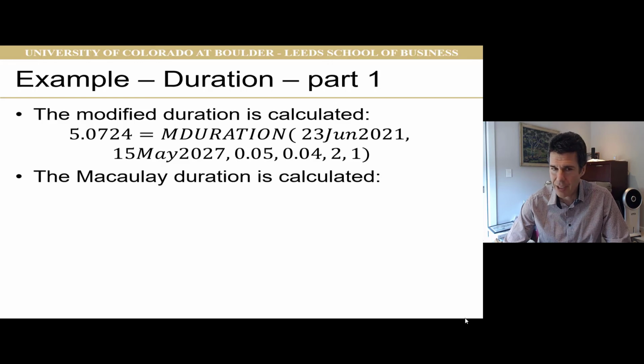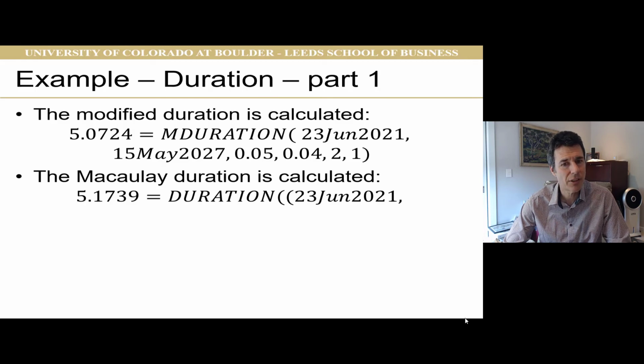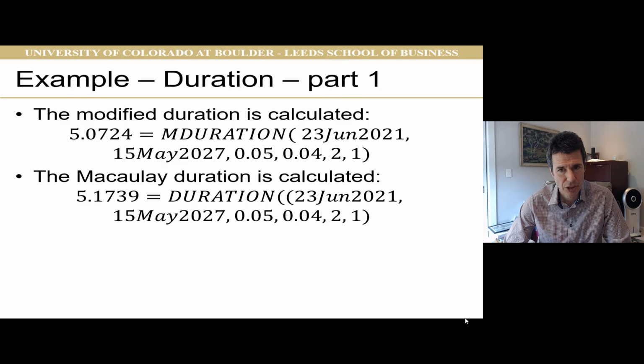Macaulay duration, get rid of the M in the previous formula, just plug it into DURATION. Settlement date, maturity, coupon rate, yield, 2, the frequency, twice a year, 1, the basis for U.S. Treasuries. So Macaulay duration is 5.1739, which is, of course, 5.0724 times 1 plus 0.04 over 2, so yield over 2.